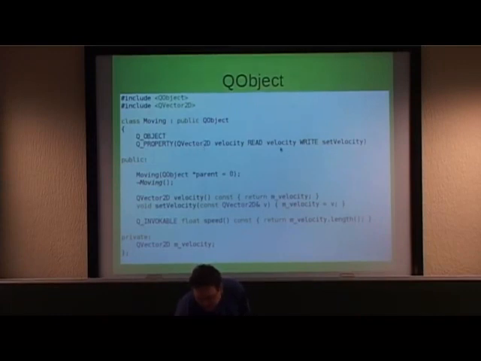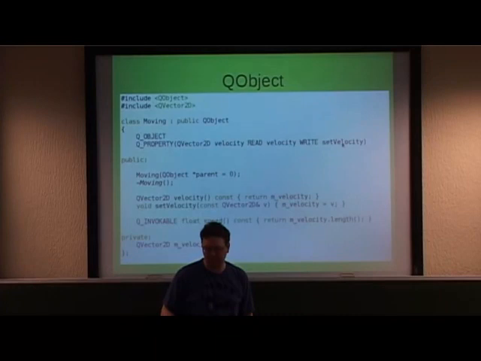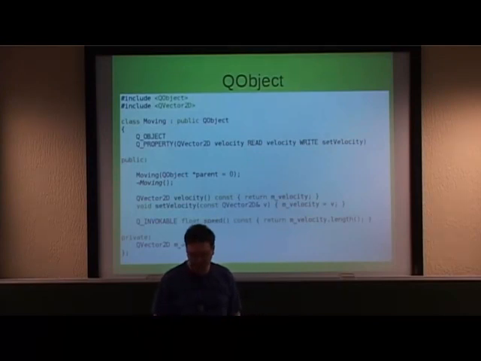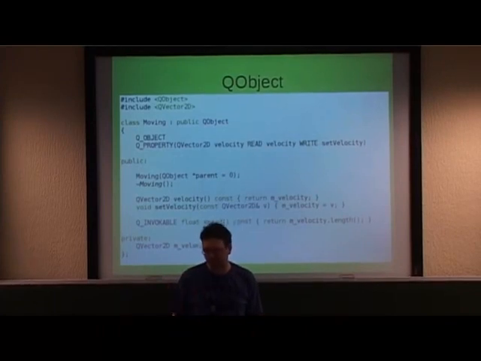And these are the getters and setters that are used by Qt if you access this property. So you can read and write this property. You can also declare them as read-only, and there are some other flags I don't remember. And now if during runtime you analyze a QObject instance, then you can see it has these properties, and you can set them during runtime or from a configuration file or whatever.